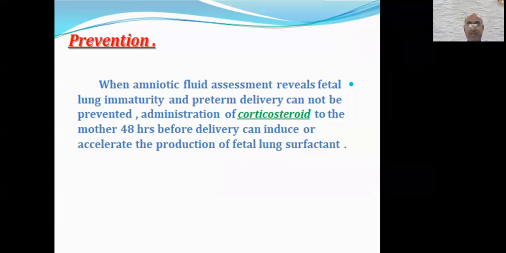And if the delivery cannot be prevented, you can administer corticosteroid to the mother at least 48 hours before, which, of course, helps to induce lung surfactant maturation. It's well known to give corticosteroid like dexamethasone to the pregnant mother before labor. Of course, you need at least 2 days for the action of the steroid.